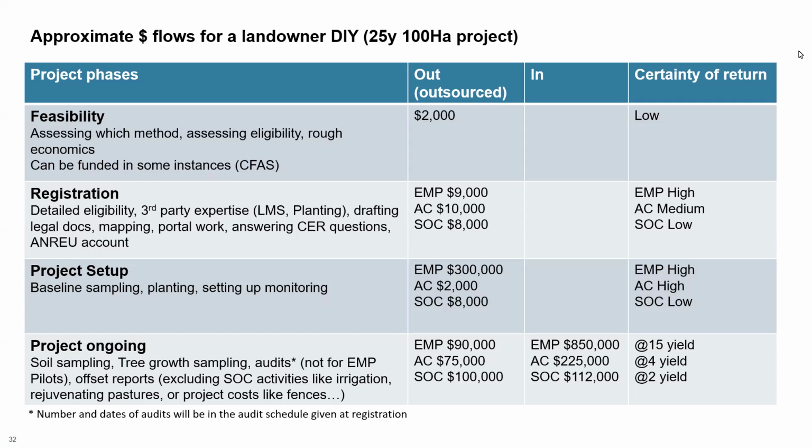So where you've got avoided clearing, taking into account 3 audits over 25 years equaling 75 grand, the cash flow of the soil carbon is like 5 times that over the course of a 25-year project, both in terms of costs and in terms of income. Is that correct?